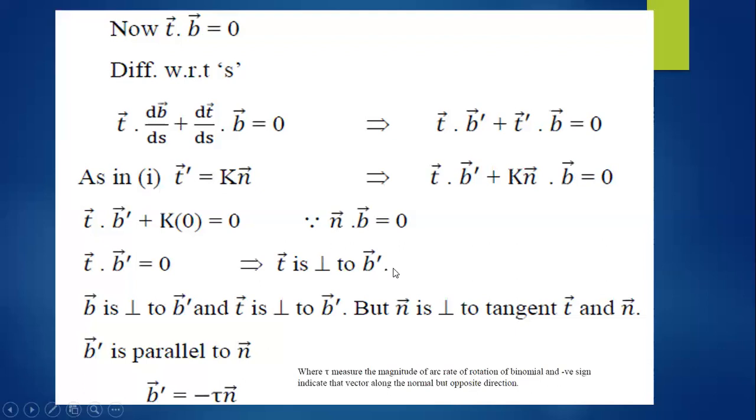Now we have two results here. B is perpendicular to B prime and T is perpendicular to B prime.